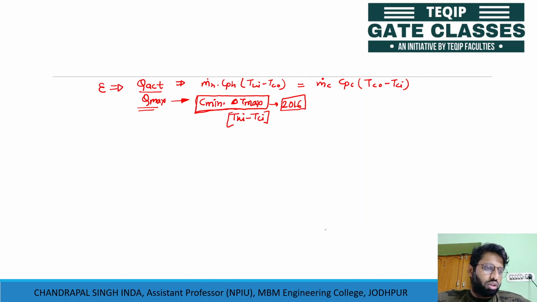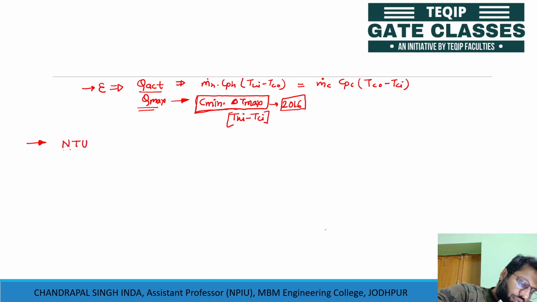This expression can be used only when we know the outlet temperature of the hot and the cold fluid. In case we don't know the outlet temperatures of the hot and the cold fluid, we will use the NTU method to find the effectiveness.